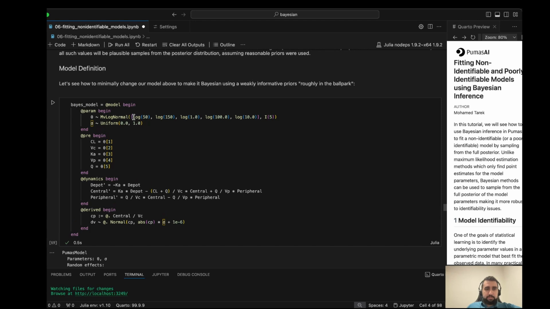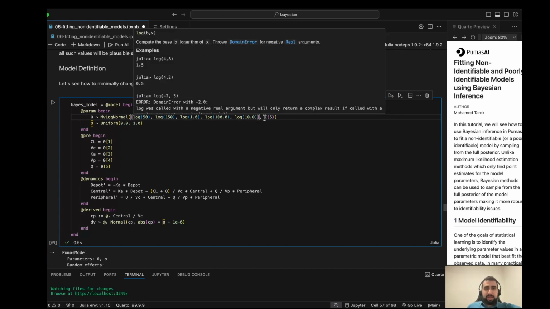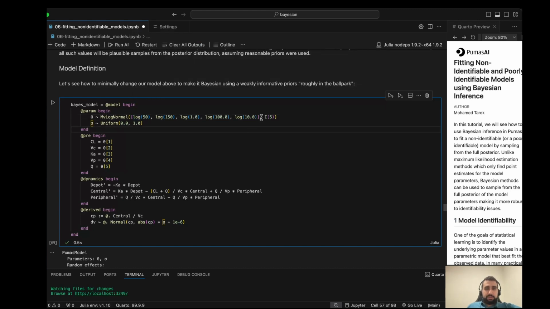It just gets the ballpark. So I use values somewhat close to the true parameter values, but not exactly the same. And it's a multivariate log normal distribution here with a standard deviation in log scale of 1, which again gives you some good margin to basically change the prior as you observe data.